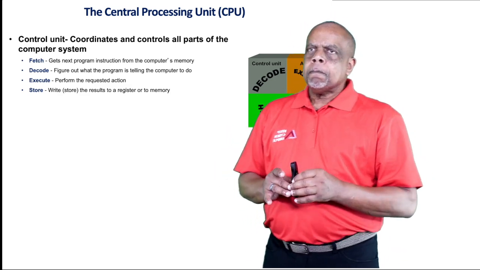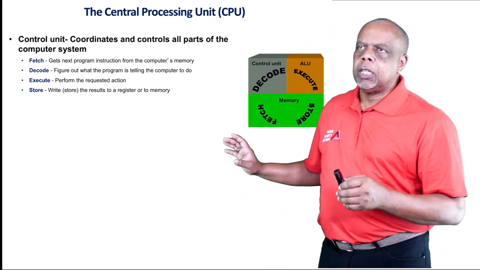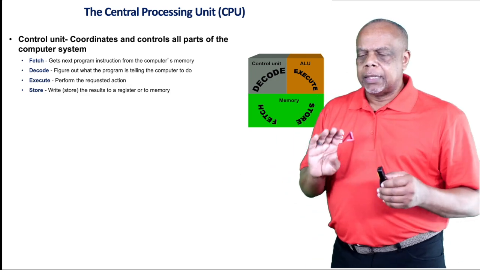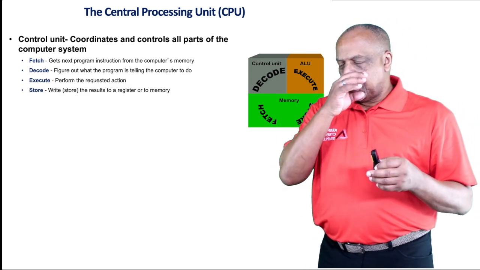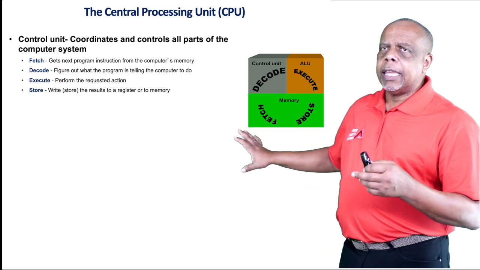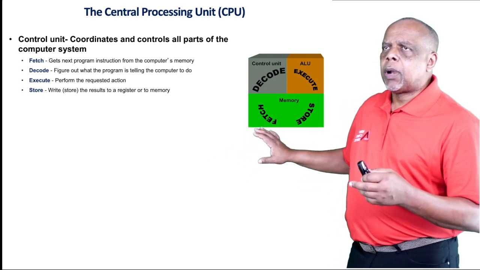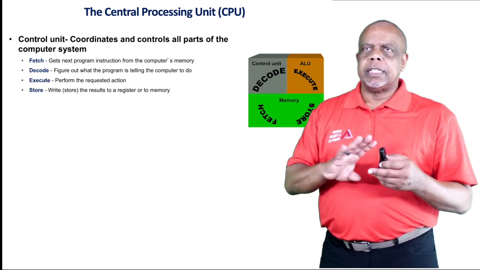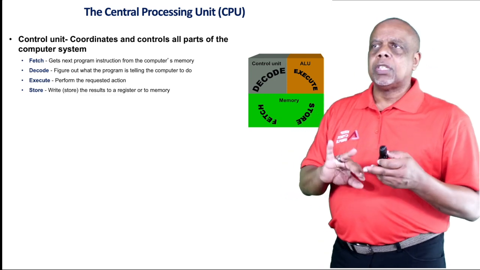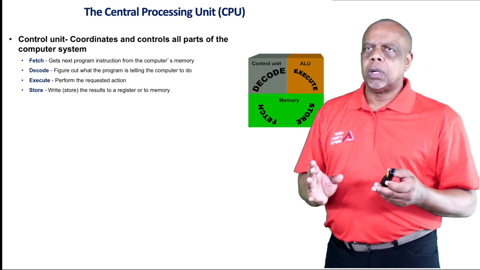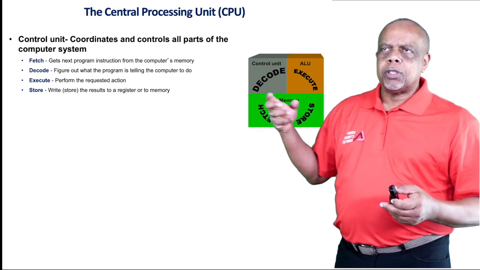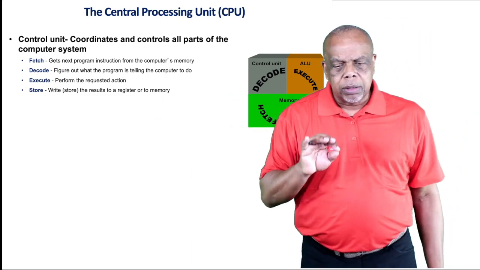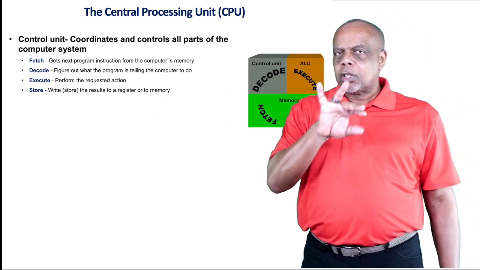When we look at the CPU, it does four things, and that is where all of the magic happens within your computer. It fetches, decodes, executes, and stores. Fetch means that it goes to the hard drive and gets your program instructions. When we think about program instructions, think about your computer in two ways.